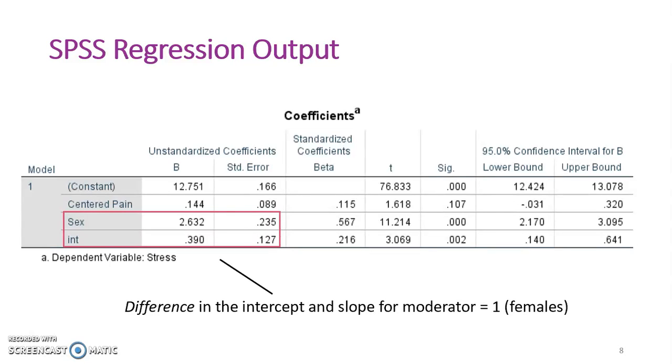But now we can use the unstandardized coefficients for sex and for the interaction. Now these are the difference in the intercept and the slope for when the moderator is equal to 1, so for the females group. So the intercept is the regular intercept plus the sex coefficient, and then the slope is the centered pain severity slope plus the interaction.